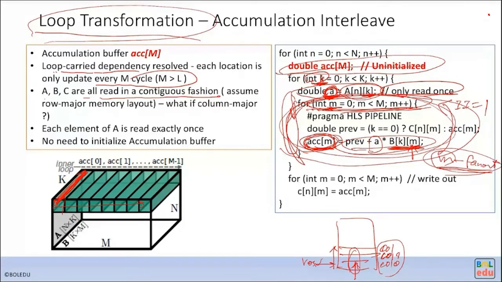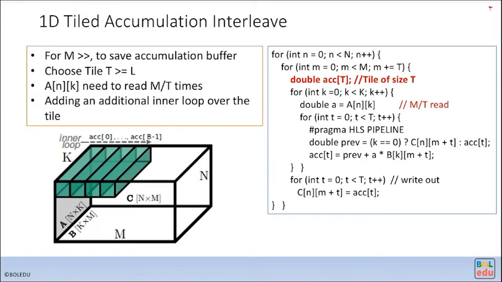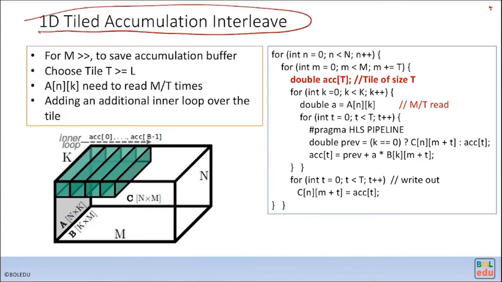But then here you need an array of m elements, and m could be very large. Let's take another example, a tiled accumulation. Actually you don't need to keep the array with m size.